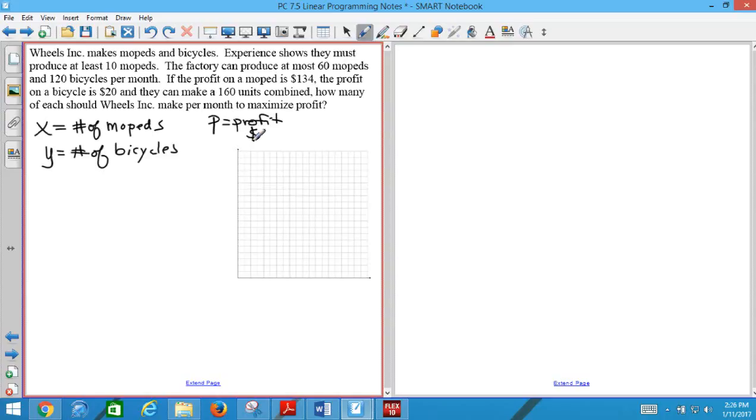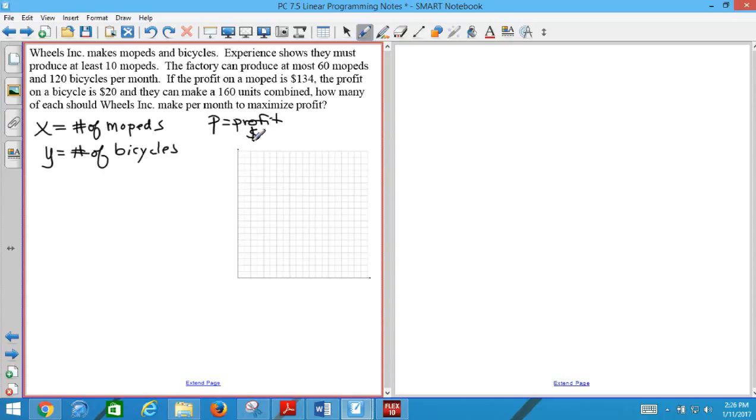But greater than 10. Oh no, you got the right numbers, but the way you've written it doesn't make sense. You're saying x is less than 60, but it also has to be greater than 10. Oh, so it's B. All right, do you have x is greater than 0 or y is greater than 0?